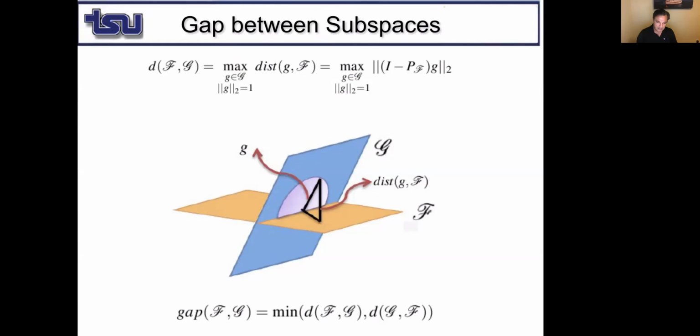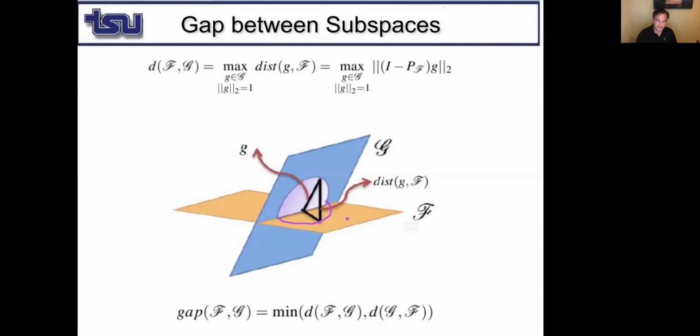For example, here, if the point on G is this one, distance is what? 0. If it is here, distance will be that one, and the maximum distance will be right here. So get the maximum distance. So this is between F and G. Similarly, you can define the distance between G and F. This time you have to take a unit ball on the yellow plane, but you can also do that.